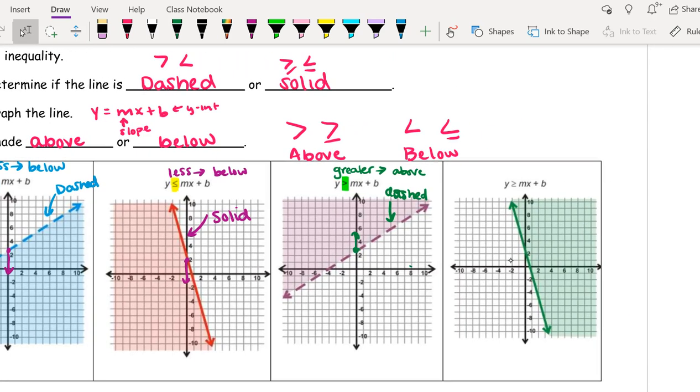And then over here we have our greater than or equal to, so that means that we have solid. So note it's solid, and then it's a greater, so it's above. So I go to my y-intercept and I'm shading above the line, which is why everything to the right and up is shaded.